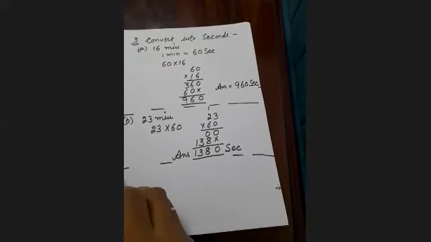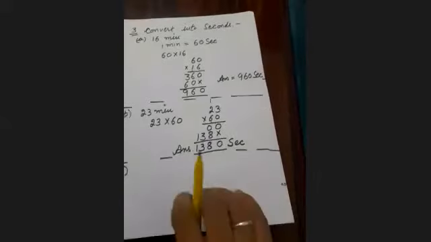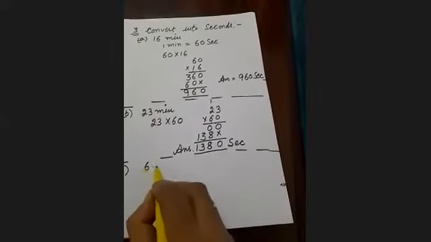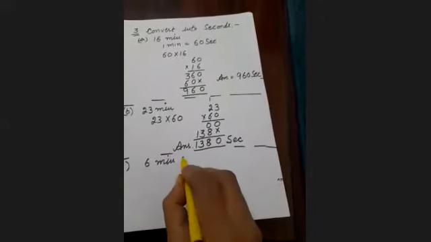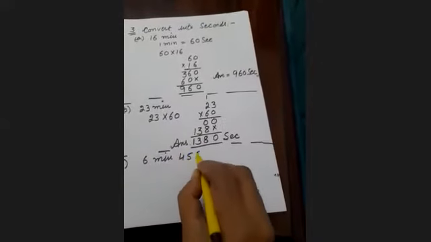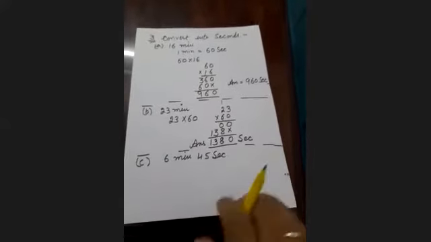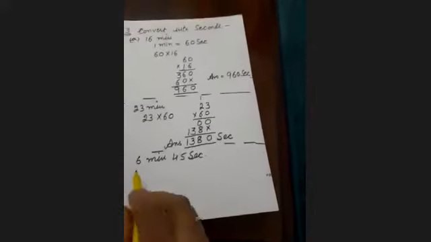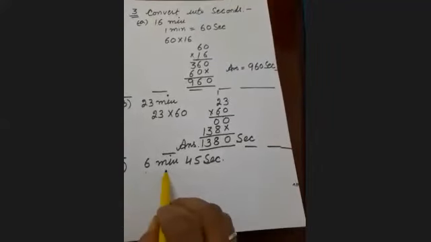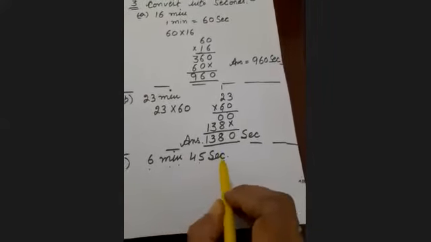Next is part C. Now we have 6 minutes and 45 seconds. Yes, students, now convert into seconds. First, we'll convert 6 minutes into seconds, then add 45 seconds.